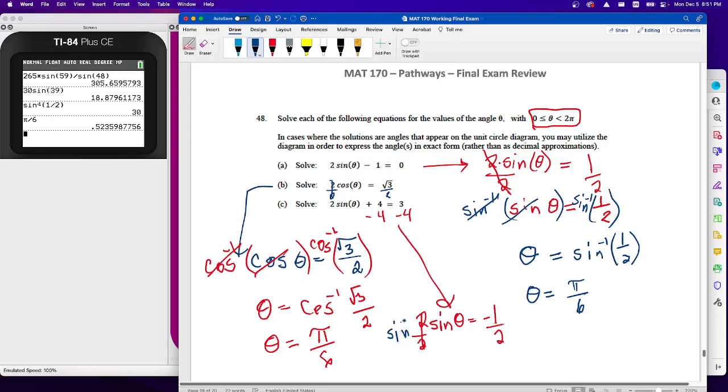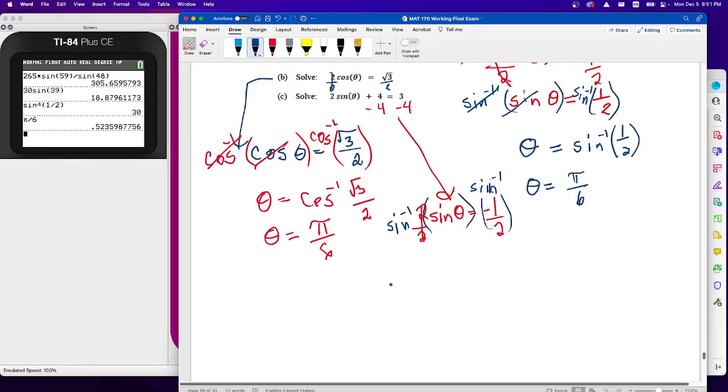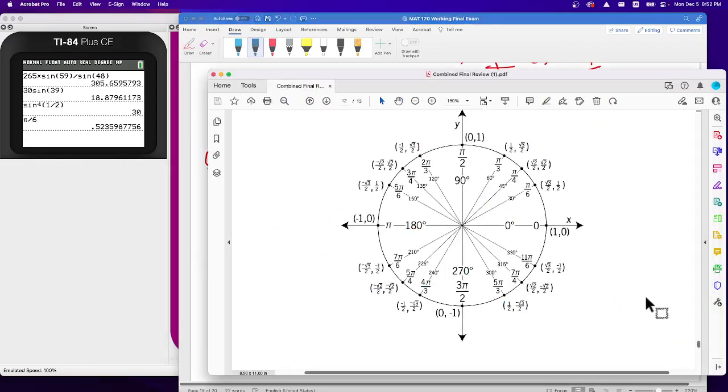We can figure that out with an inverse sine. Right? So we get that theta is equal to the inverse sine of negative 1/2. So that means we go to the unit circle and look up negative 1/2 for a y value.